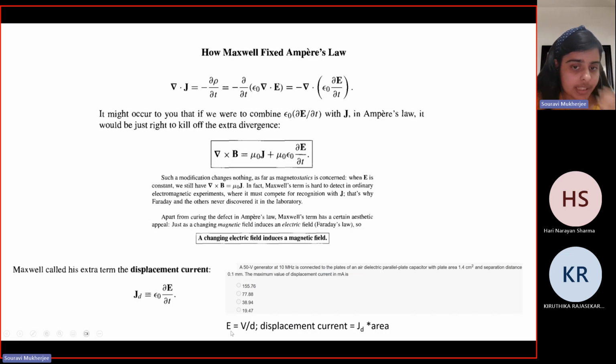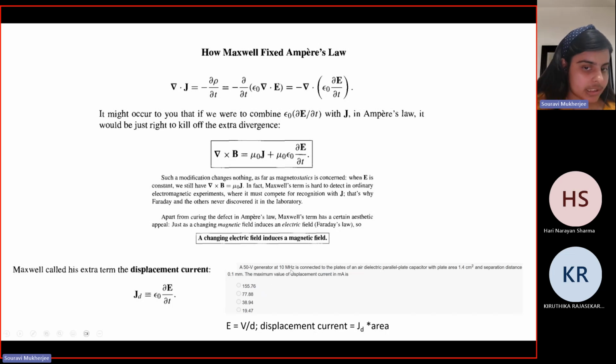But now this is changing, right? So this is just the magnitude that we just discussed. It is at 10 megahertz. So that means the potential is actually a sinusoidal potential. It's something like V naught sin(10 megahertz t), right? V naught sin of 10 into 10 to the power 6 into 2 pi t. So basically, this is in hertz.